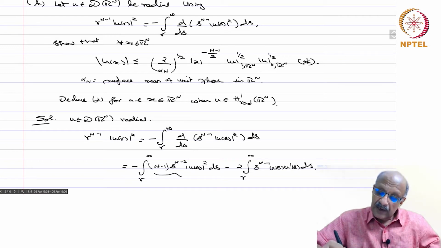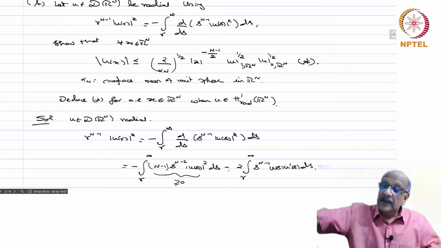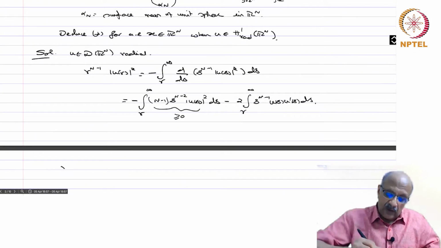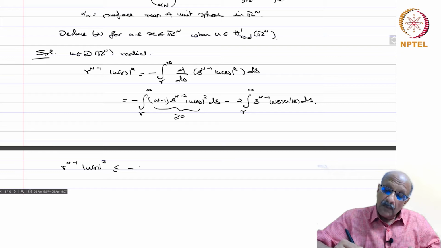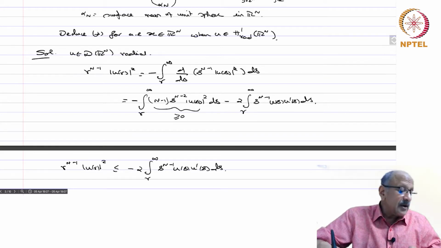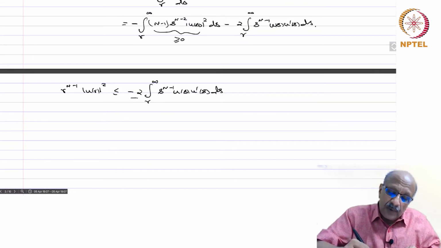Now this integrand is non-negative, okay. Everything is between r and infinity, everything is non-negative, and therefore the integral will be non-negative, and consequently you have r^(n-1) |u_r|^2 is less than or equal to minus 2 times the integral from r to infinity of s^(n-1) u(s) u'(s) ds. Now if I had an alpha_n here, so let me put an alpha_n.